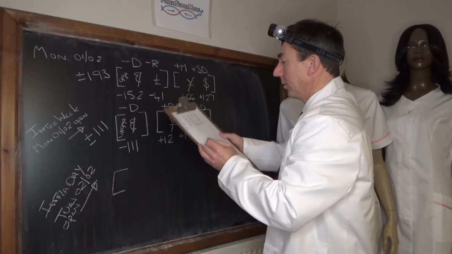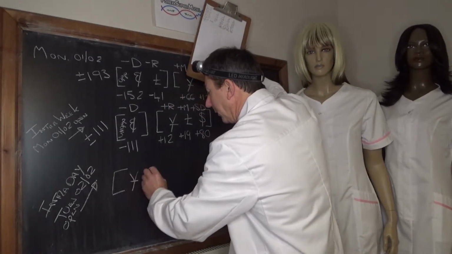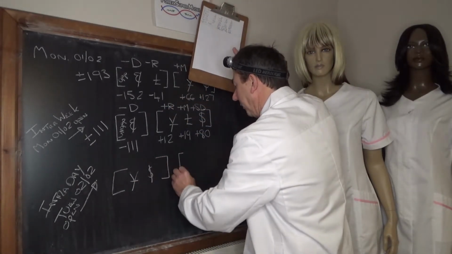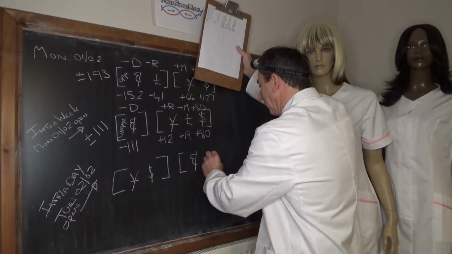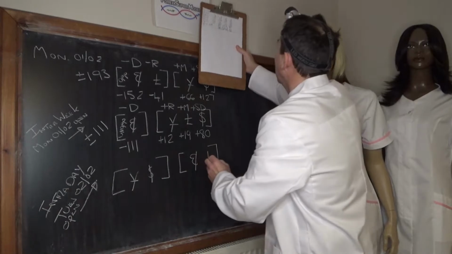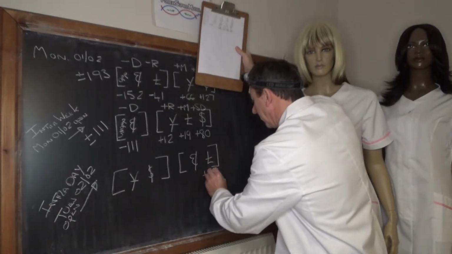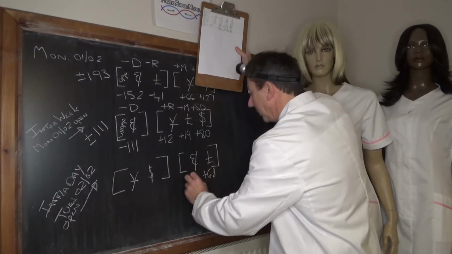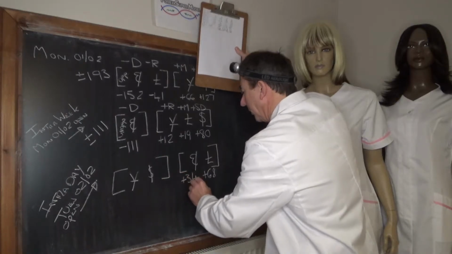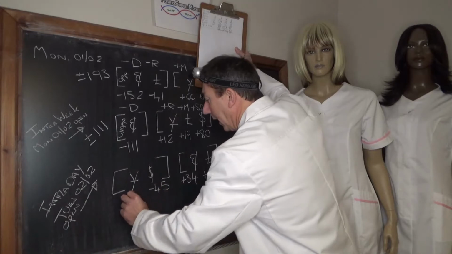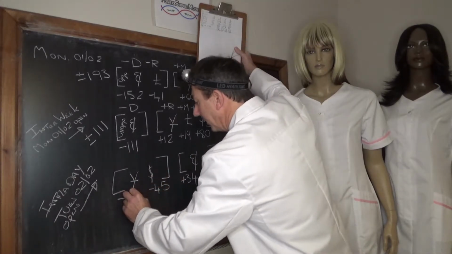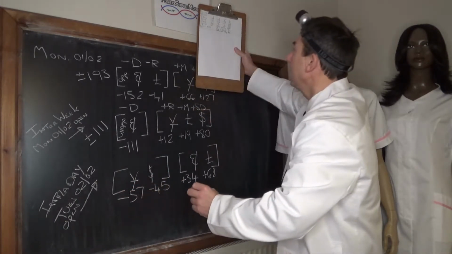We've got yen dollar on the negative, euro pound on the positive, plus 68 for the pound, plus 34 for the euro, minus 45 for the dollar, and minus 57 for the yen.